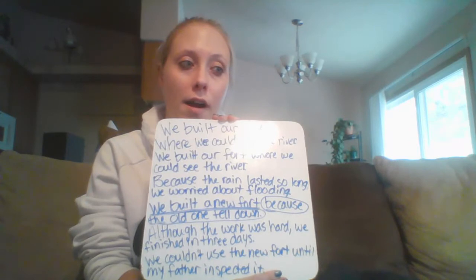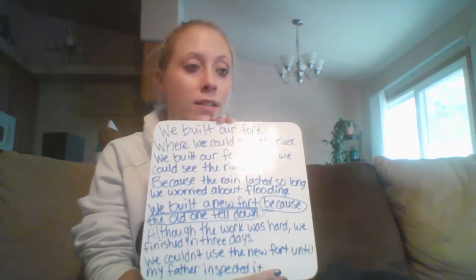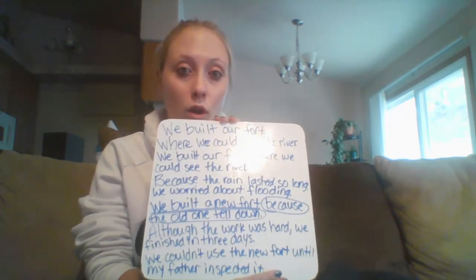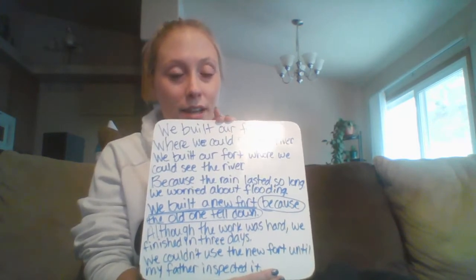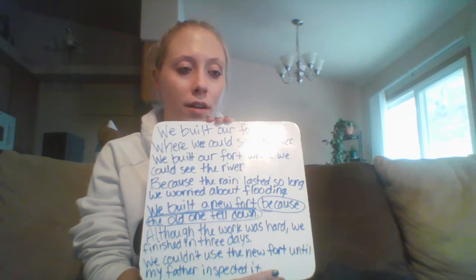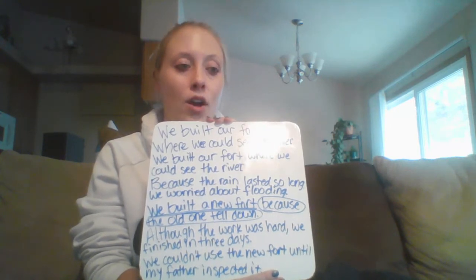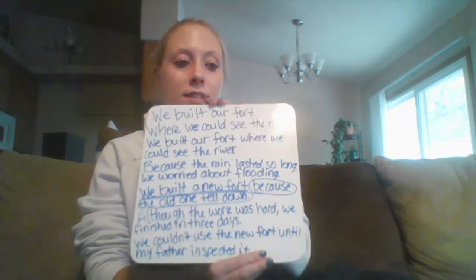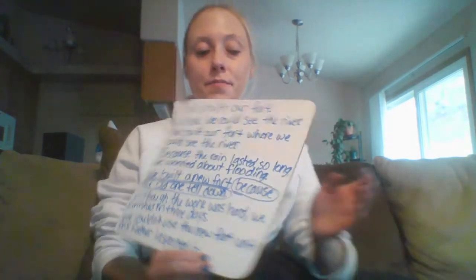And if you look at our example up at the dependent clause, one of the words was because, so that made it a dependent clause. Next one: although the work was hard, we finished in 3 days. Circle the dependent clause, underline the independent clause.